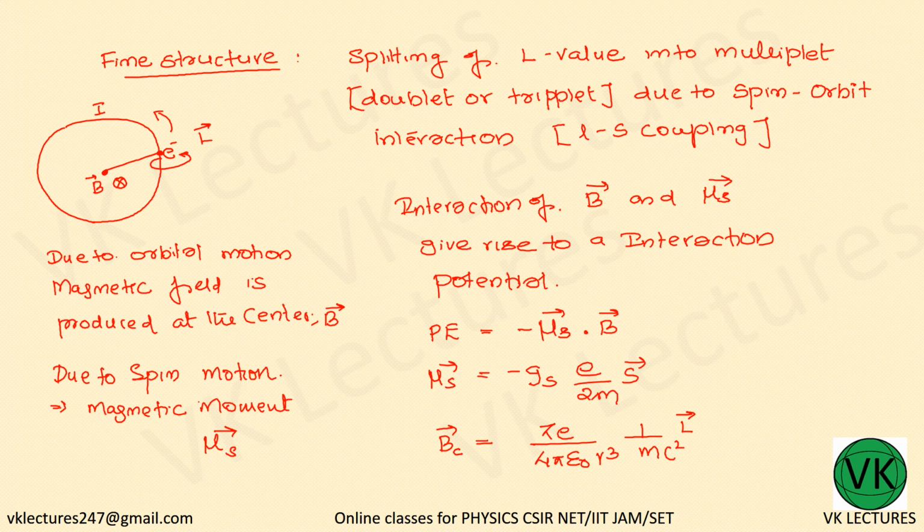Now assuming that in the first case the electron was moving and we had the magnetic field at this point, now in the frame of reference of the electron, according to this electron, the nucleus is moving around, right?